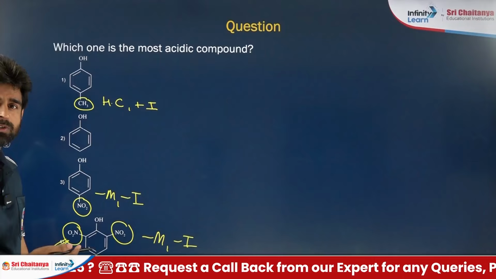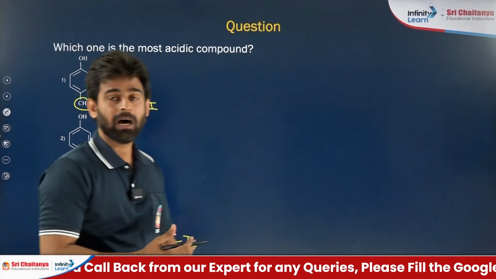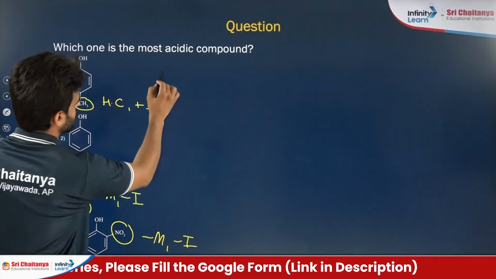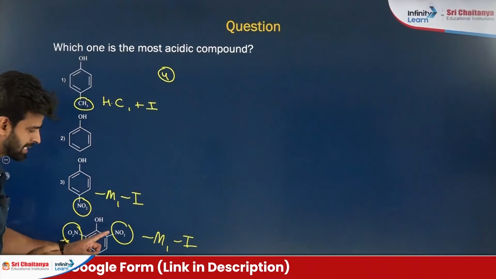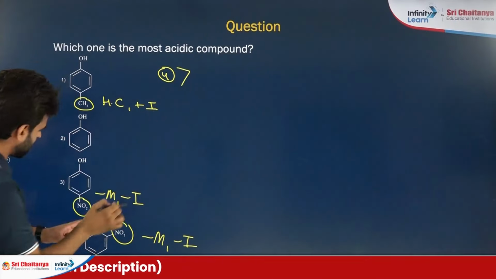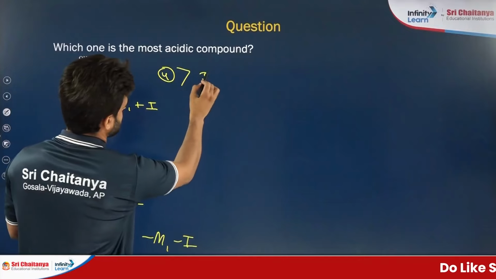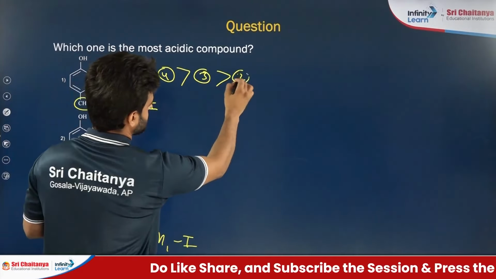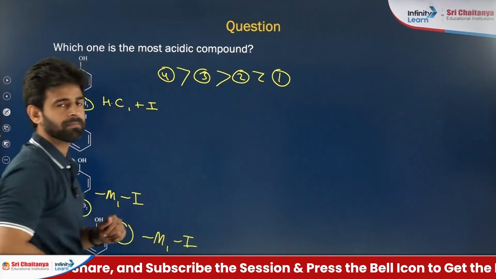If I ask you to give the sequence out of these four, right? So definitely I'll say the fourth one is most acidic. Then after this we'll get which one? Third one. Then which one? The second one. Then first one. Why?